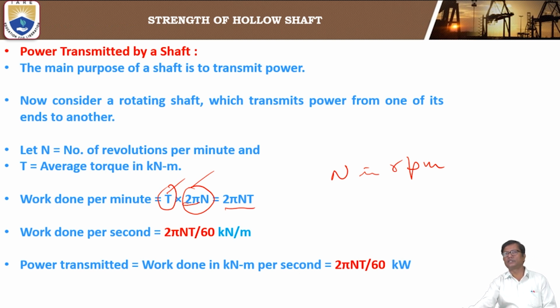Work done per second. This is work done per minute, and work done per second is obtained by dividing by 60. So 2 pi N T by 60.